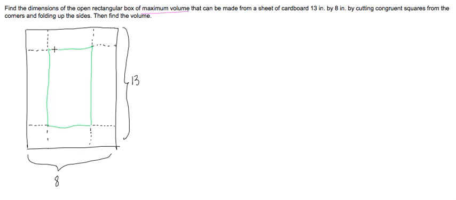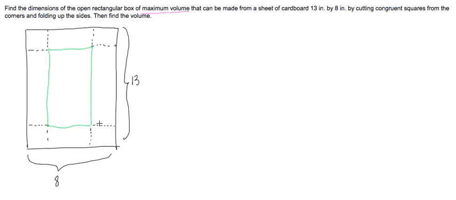There's hard ways and easy ways to define variables here. Probably what I would do, if you let this be the variable, it's difficult because then how do you describe it, right? You know it's related to 8 and the size of the corners, but how do you write that?